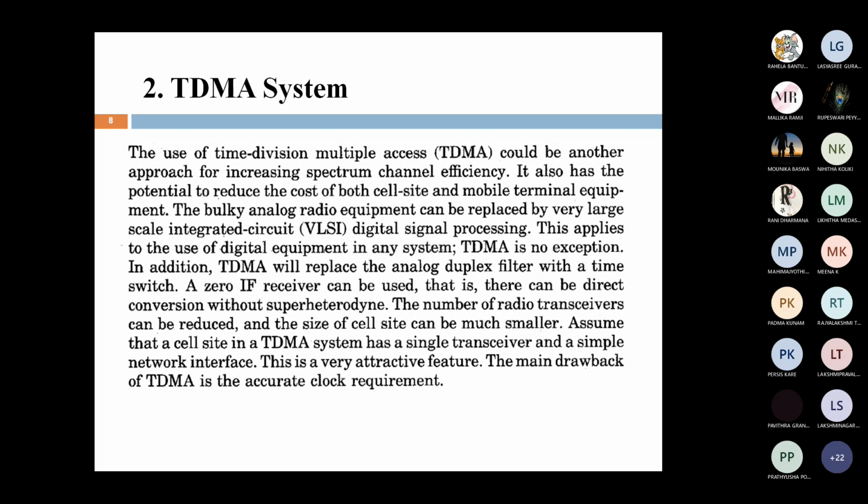Here in the TDMA system, we are replacing the duplexer filters with a general switch. That is switch connection. In time slot 1, it is forward direction. When switched to time slot 2, there is an automatic connection for reverse direction. And a zero IF receiver is used, not the super heterodyne receivers, in the TDMA system. And the number of transmitters and receivers, or number of transceivers, also should be reduced in the system installation.